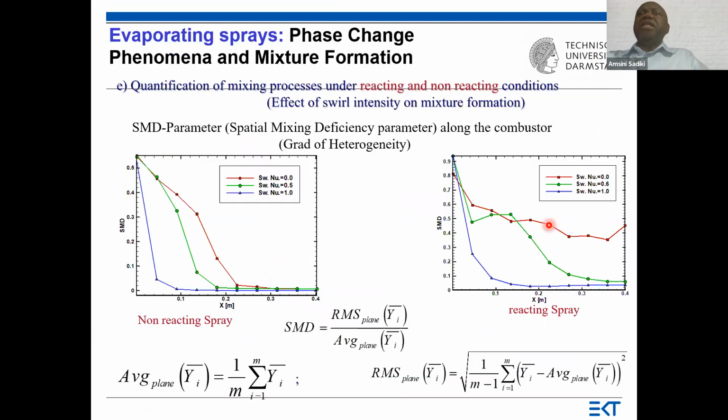And this SMD, let me introduce it first. It is defined here. I will come back. So this SMD is, if we have a spray, we consider a plane, and we consider the error mass of the quantity here, and we divide by the average on the plane of this quantity. And this provides us the SMD.